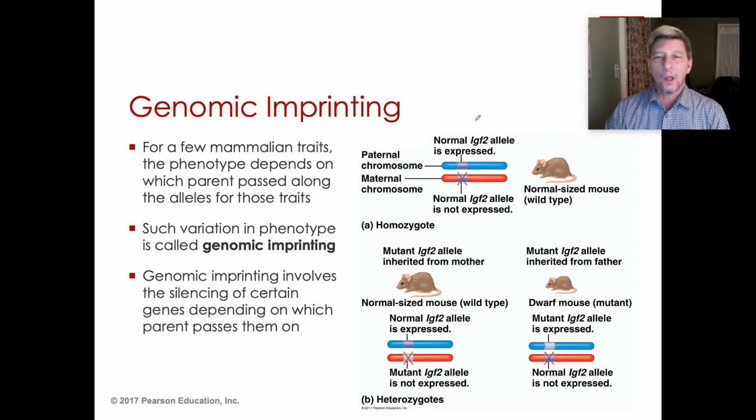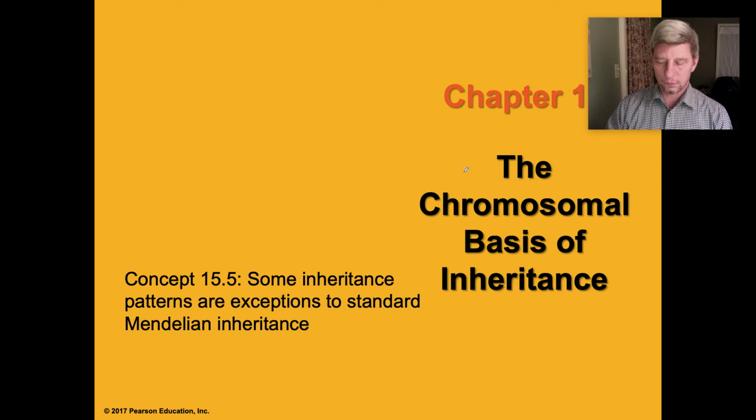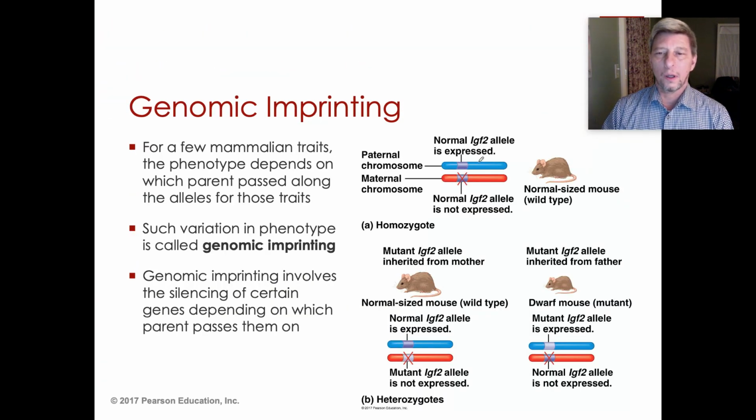What happens is that in mice, a normal allele is found on both the paternal chromosome and the maternal chromosome, but the mother's chromosome is not expressed, and so it doesn't really matter what the genotype is. The offspring's phenotype will be based on whatever allele is found on the paternal chromosome.